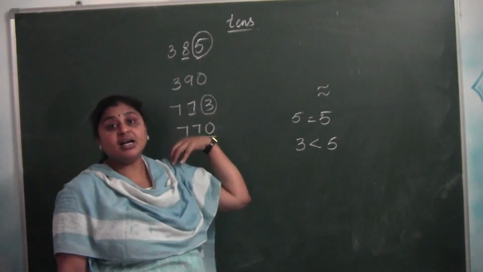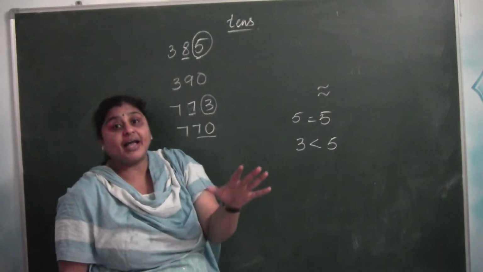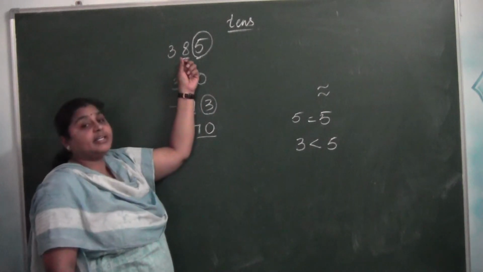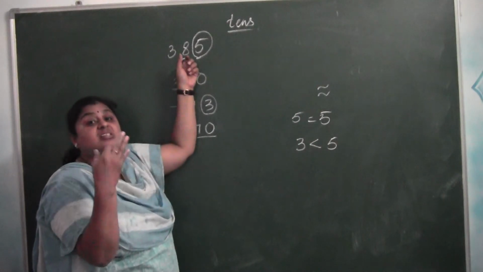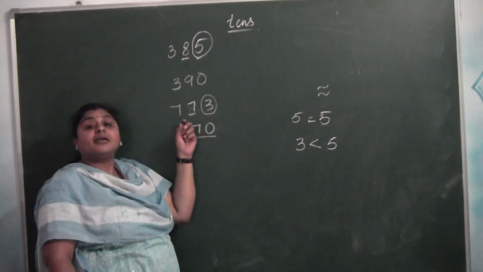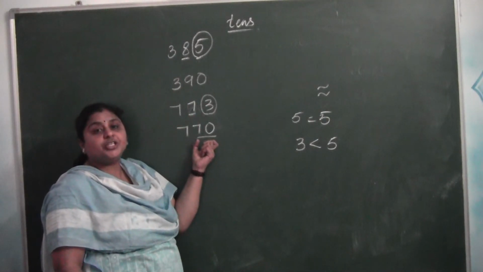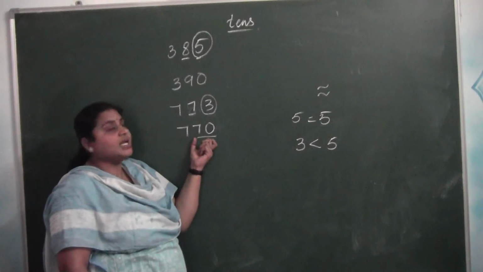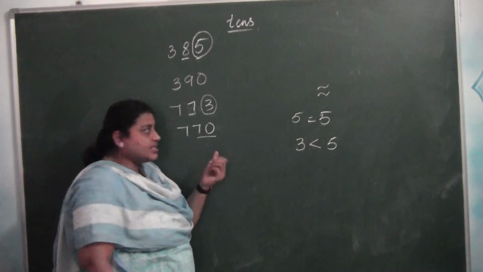If that circled digit is greater than or equal to 5, then this underlined digit changes to its next number, changes to its successor. If it is less than 5, the number remains same, and one's place value will be changing to 0. Okay children, this is one method. Or the other method, let us see.